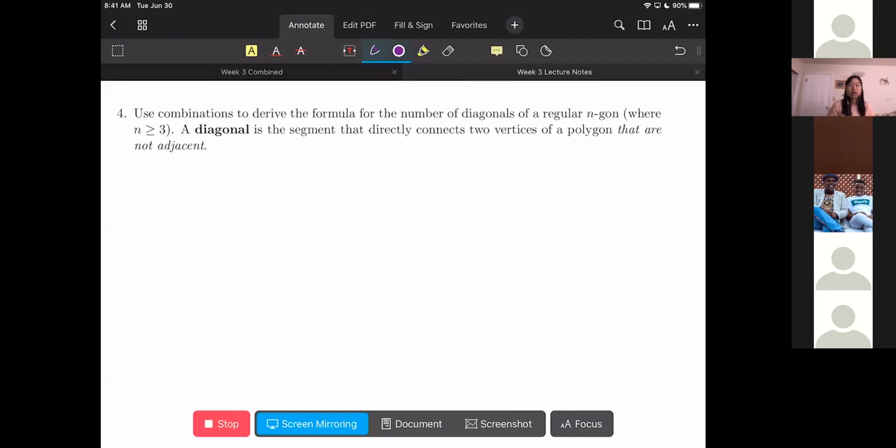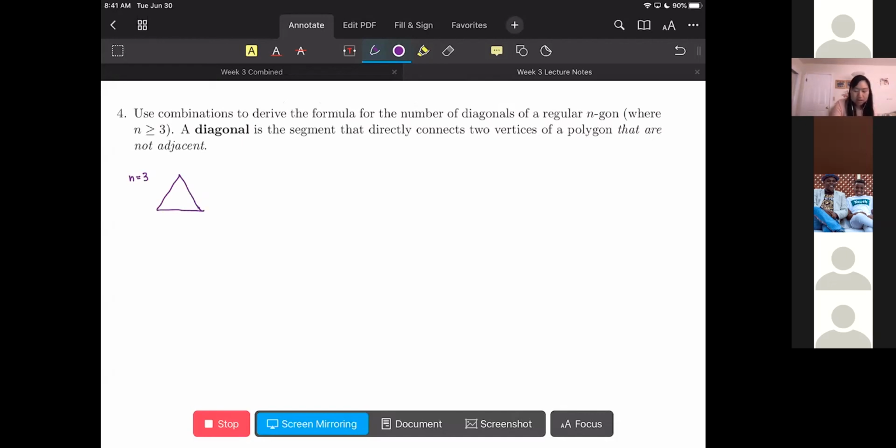And so a diagonal, just to make sure we're on the same page, is a segment that directly connects two vertices of a polygon that are not adjacent. So for example, let's go through some examples. If n equals 3, then a regular n-gon is a triangle, an equilateral triangle.